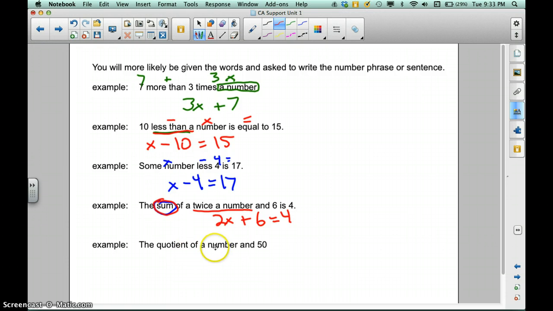The quotient of a number and 50 could just say the number x divided by 50. But now a quotient could be written as a ratio. So it is just as appropriate to write x over 50, like a fraction. The division symbol and the fraction bar mean and do exactly the same thing.